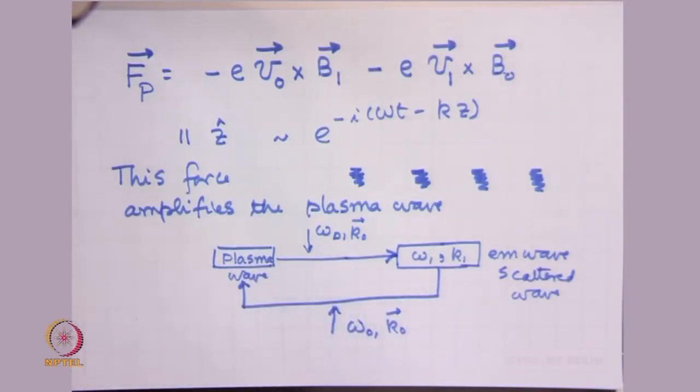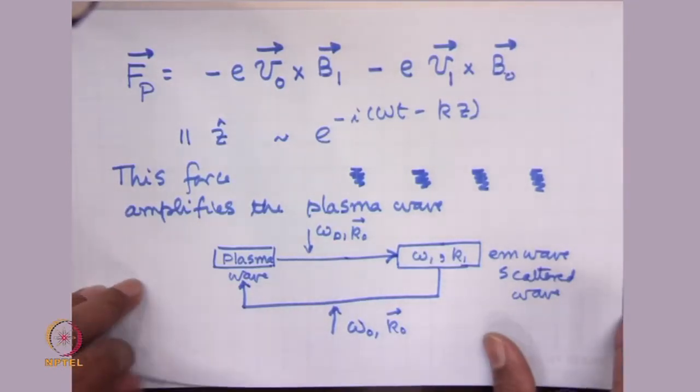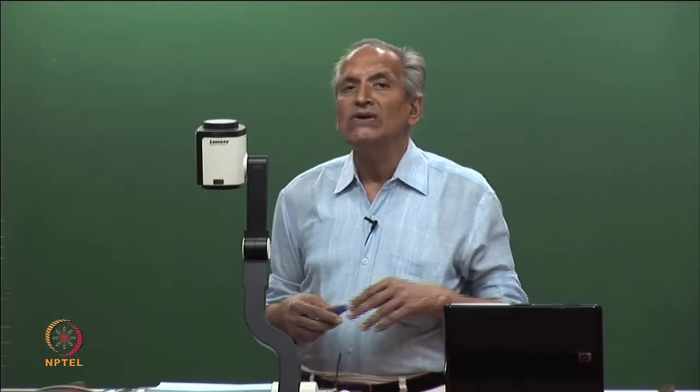So, this is a fundamental process in plasmas where a large amplitude wave gives rise to generation of two lower frequency waves. In systems with electron beams, an even more fascinating process takes place.